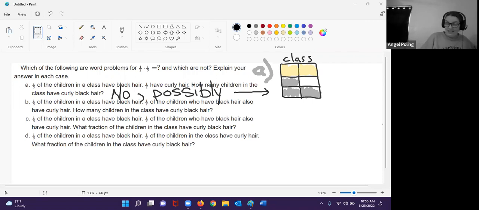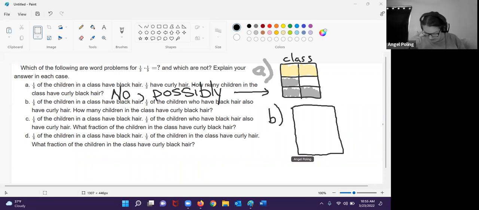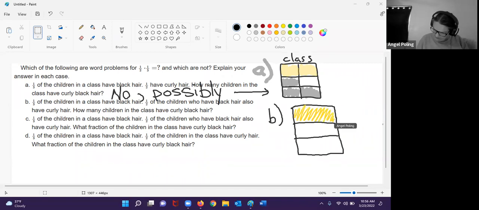In B, we have that 1/3 of the children in the class have black hair. 1/2 of the children who have black hair also have curly hair. So let's draw an image for B. So we were told, well, the class grew a little, but that's my class. And we were told that 1/3 of the students have black hair. Let me label that.